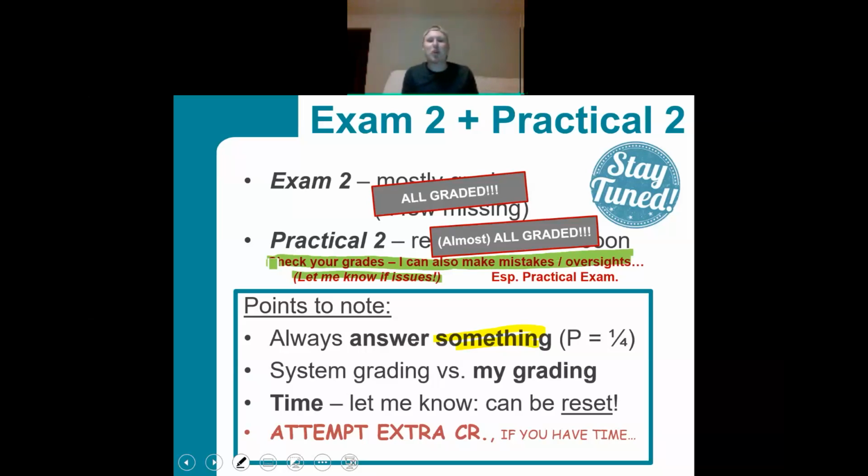That's reading it through so many times that sometimes eyes might jump over a line. So do let me know if you don't agree with the score that you've gotten, or it doesn't align with the written feedback that you've gotten. And this is true especially for the practical exams. Most of the time I'm correct, but it is possible that I'm wrong. So if that's the case, don't hesitate to let me know.